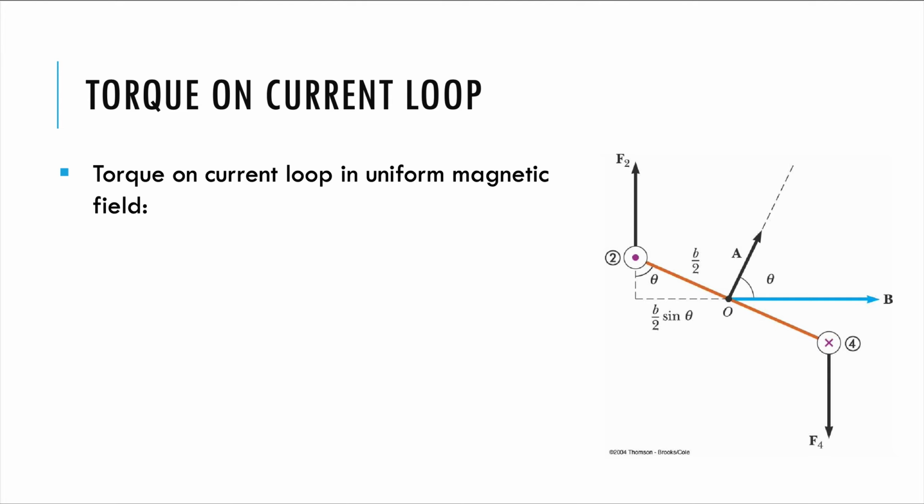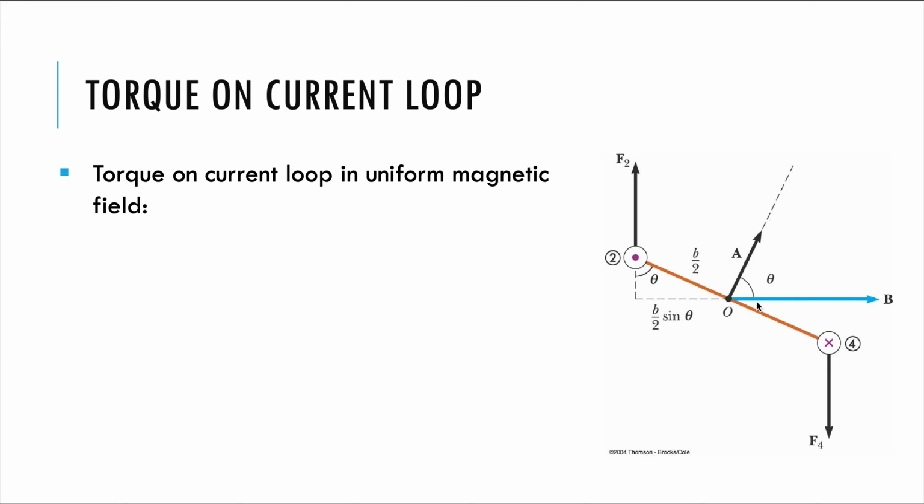So now let's look at the more general case when there is an angle between the loop and the magnetic field. So imagine this is the same loop as before, and we're looking at the side view from side number 3 again. So the rest of the loop is going into the page. It's hard to draw that, right? This doesn't really look into the page, that's why it's not drawn.